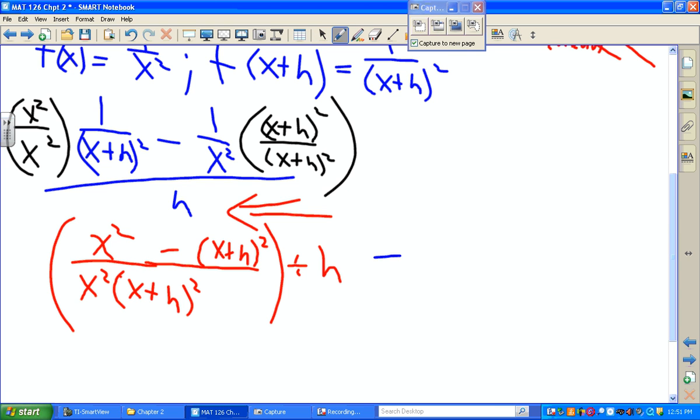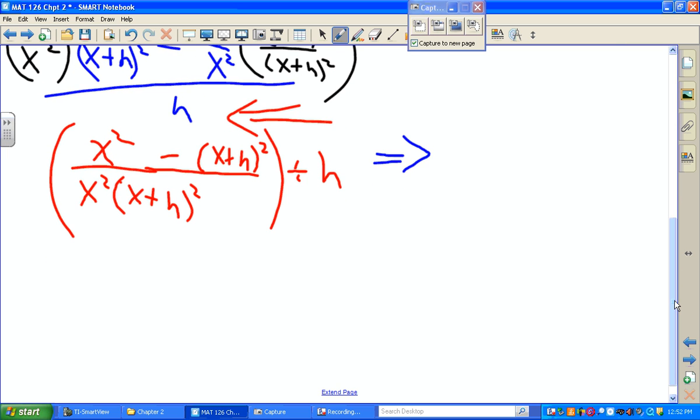Going from left to right, on these problems, they always follow the same pattern. You hear me say this a lot. You have to expand it. Then you have to subtract. Then you have to factor. And then you have to simplify.